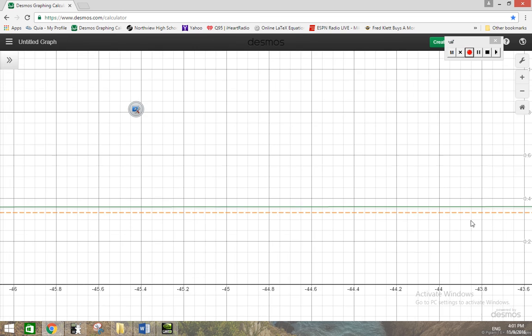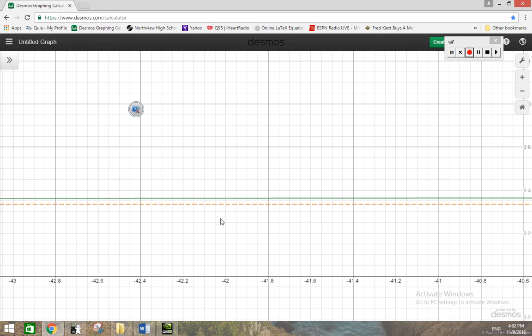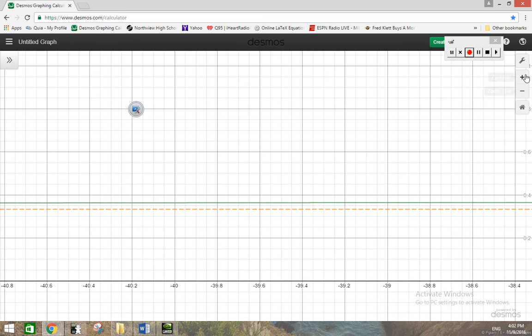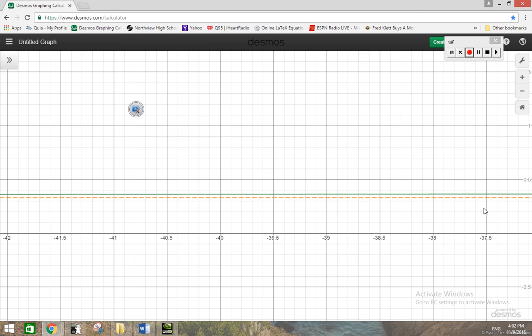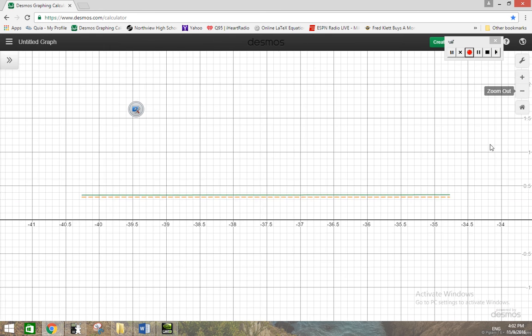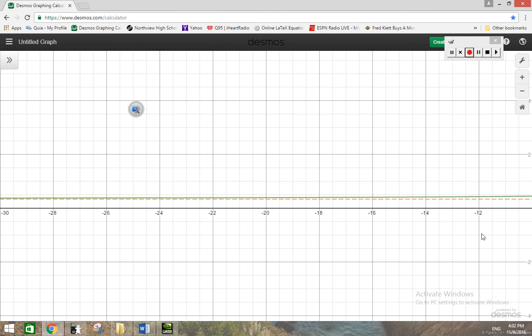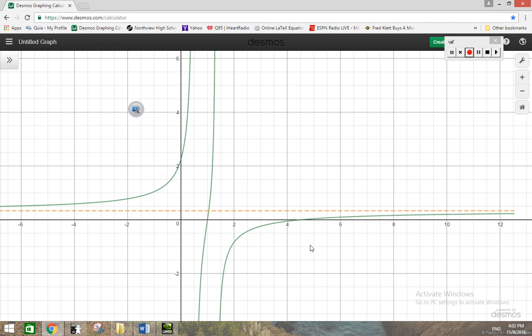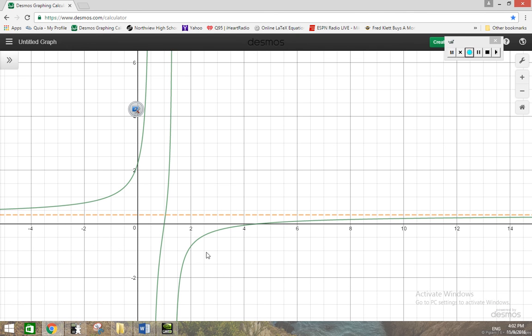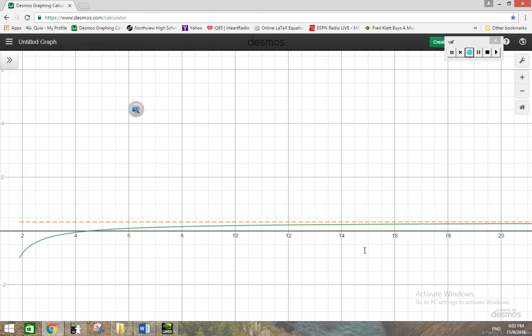And on the right, maybe I should zoom out, zoom out, zoom out. Yeah. Now here, to the right, as x is getting bigger, it's coming at the graph from below.